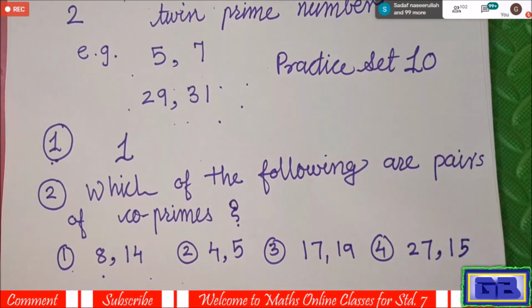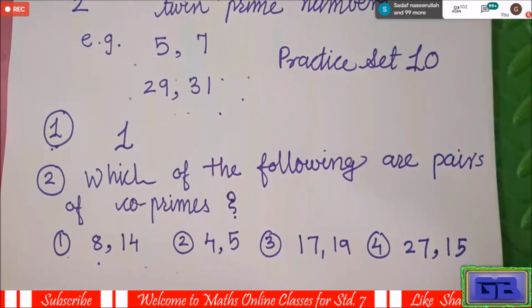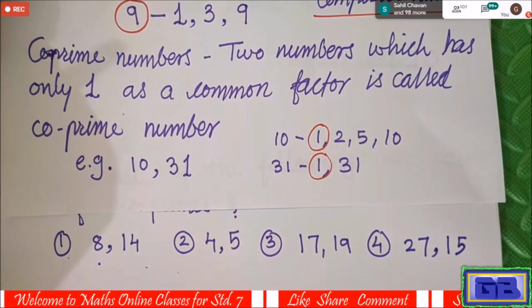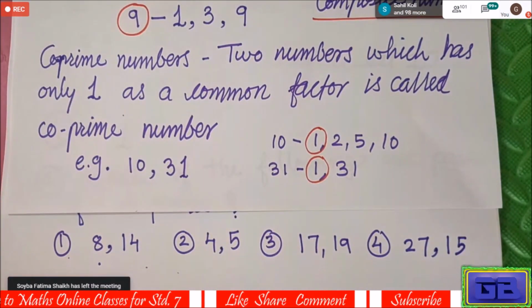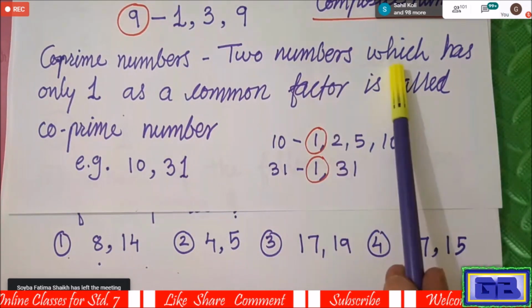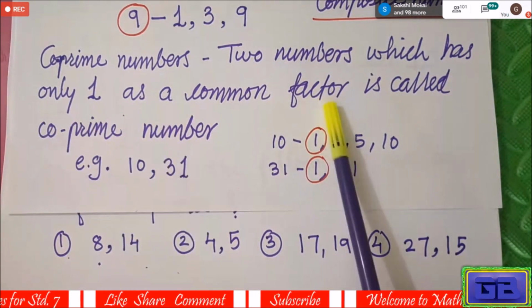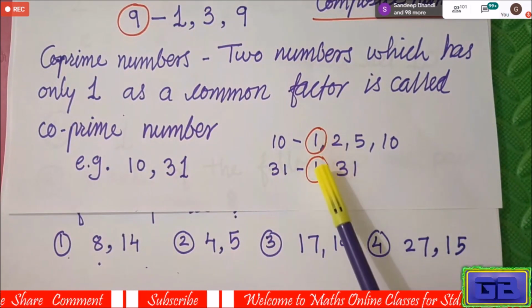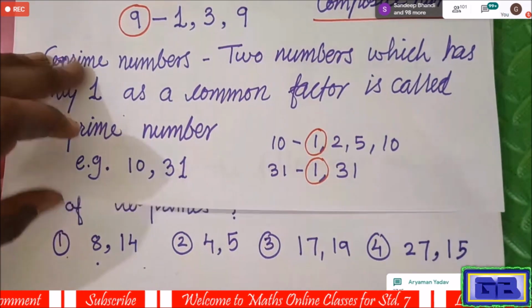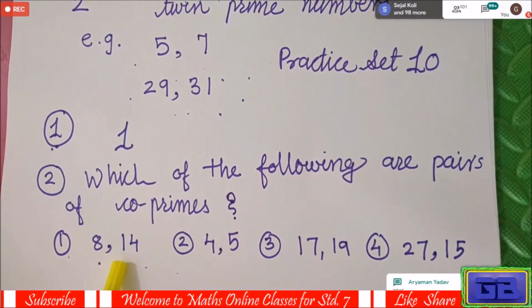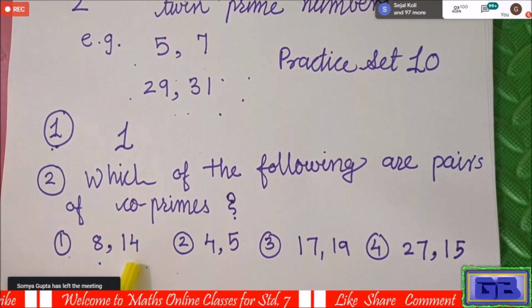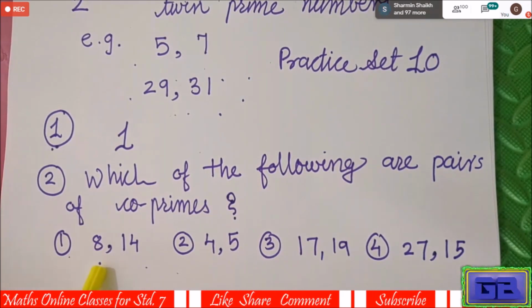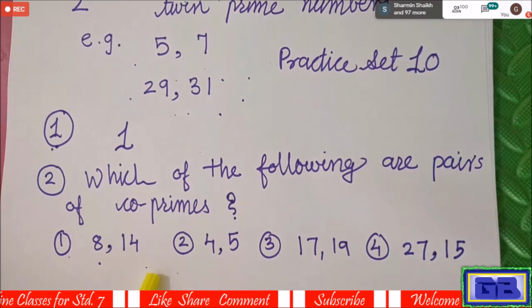If you have written these examples, you can see the definition of coprime numbers. Two numbers which have only one as a common factor are called coprime numbers. Common factor should be 1. If we see 8 and 14, factors of 8 are 1, 2, 4, 8.